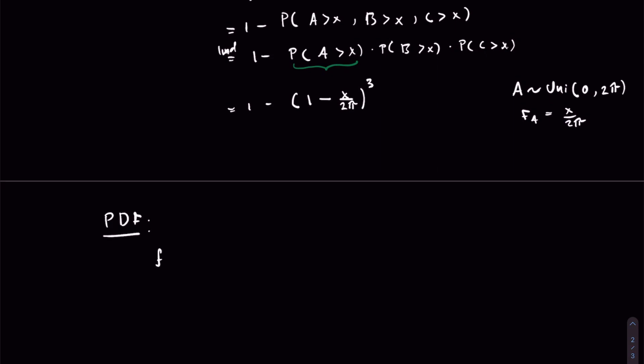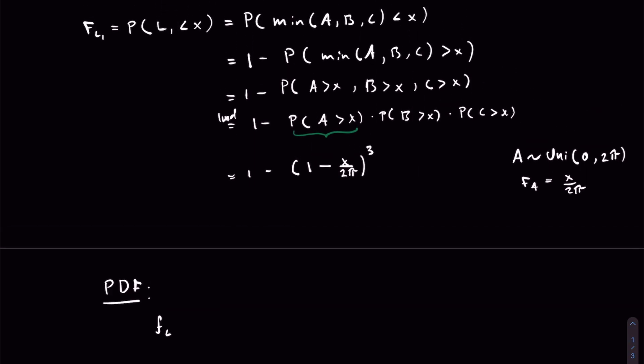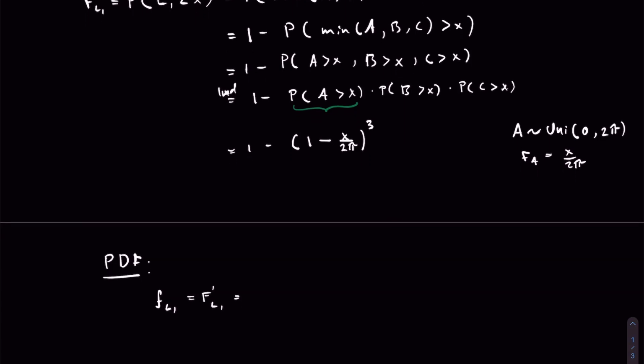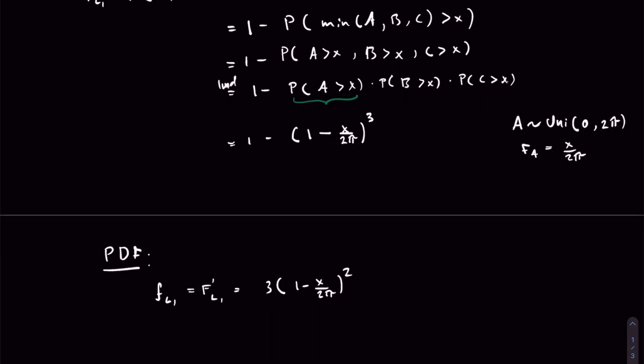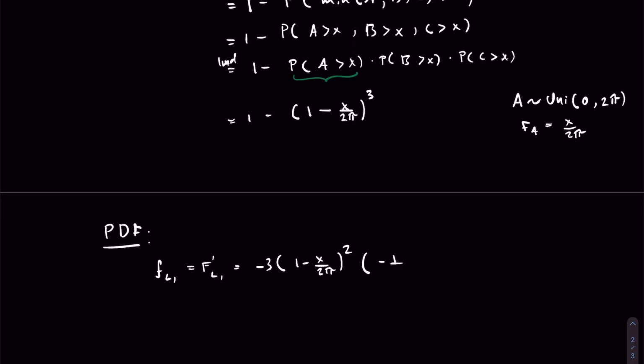So the PDF of L1 equals the first derivative, which is, take the outer term, 1 minus x over 2 pi, oh whoops, should be a 3, power 2, and we have a minus from here, a constant disappears, and then we take the derivative of the inner function, which is minus 1 over 2 pi.